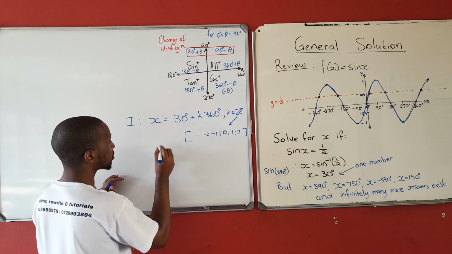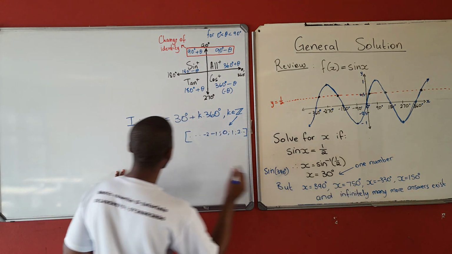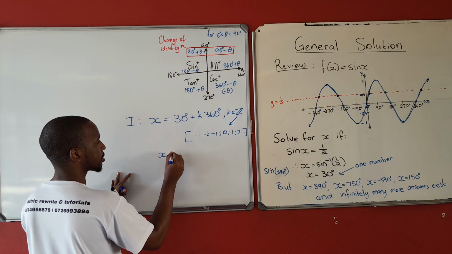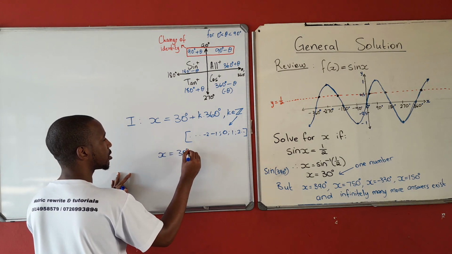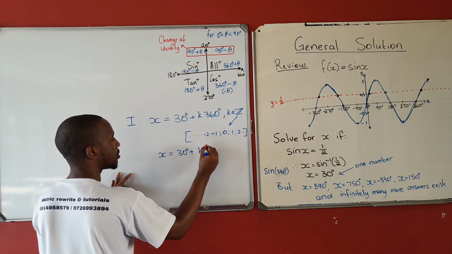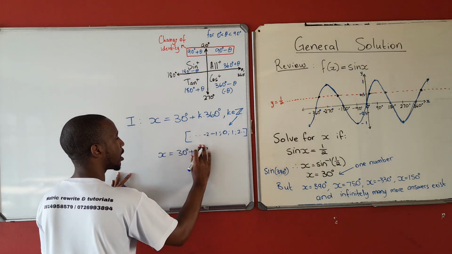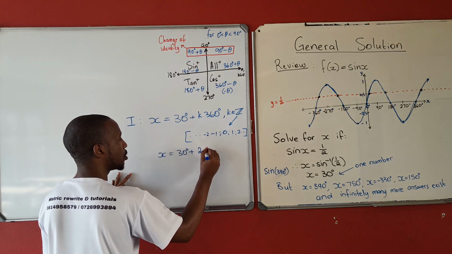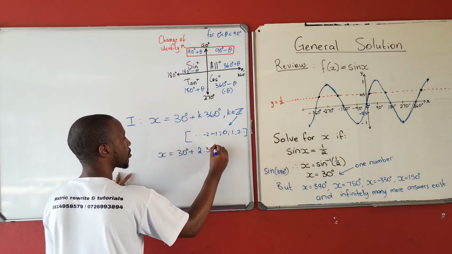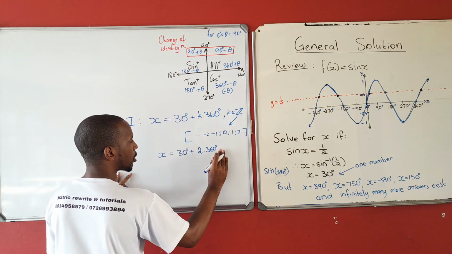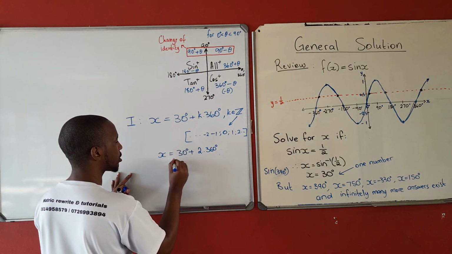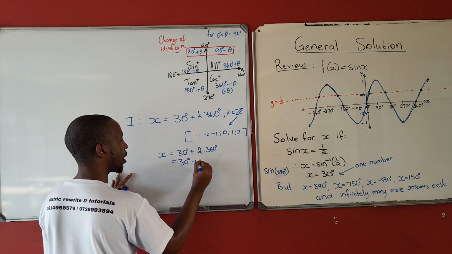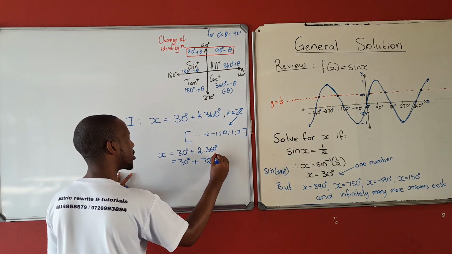As an example, for this one here, this is the k is 2 case. So we have 30 plus k times 360, where k is now made to be 2 times 360. I don't need to mention that because now we have a number. So we have 30 plus 720 degrees.